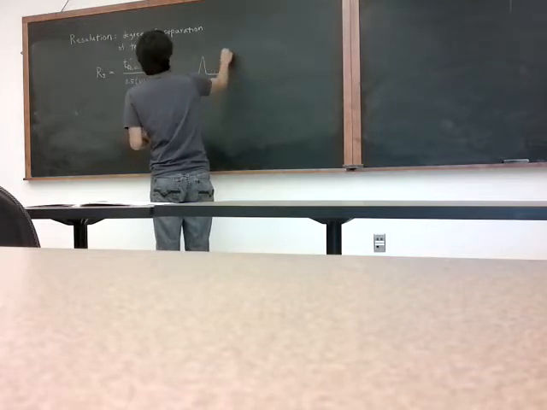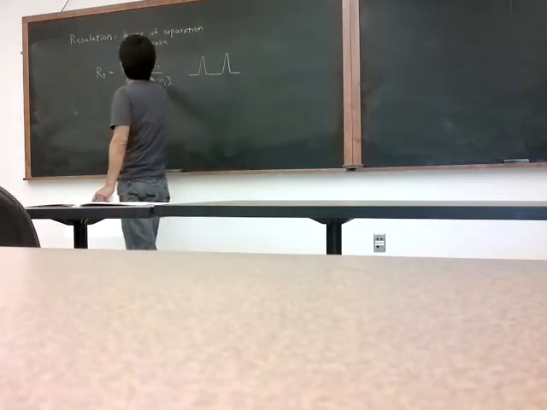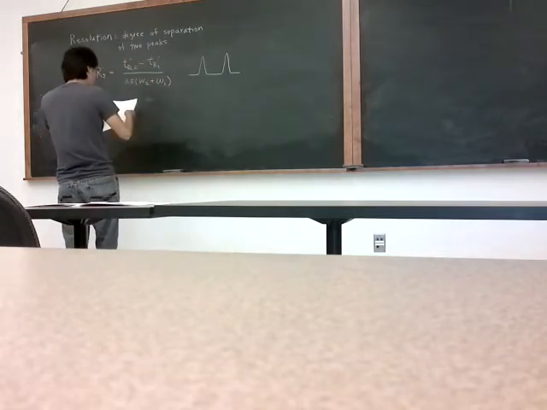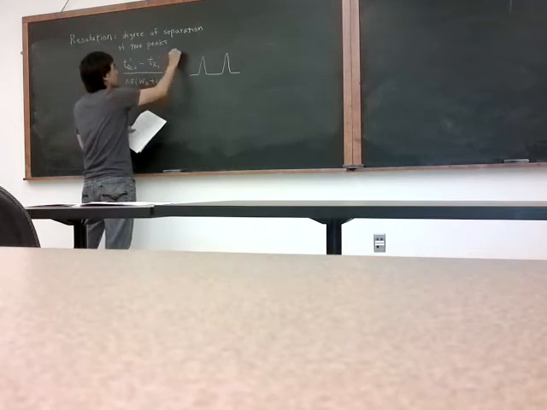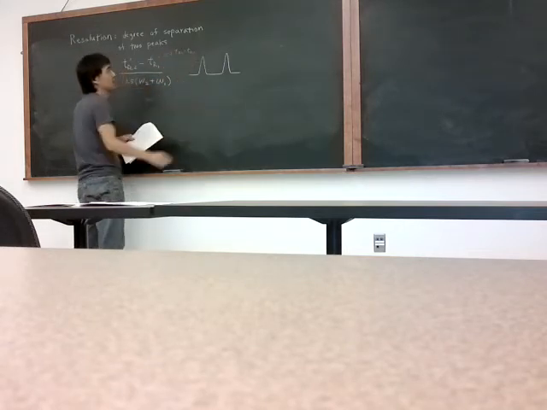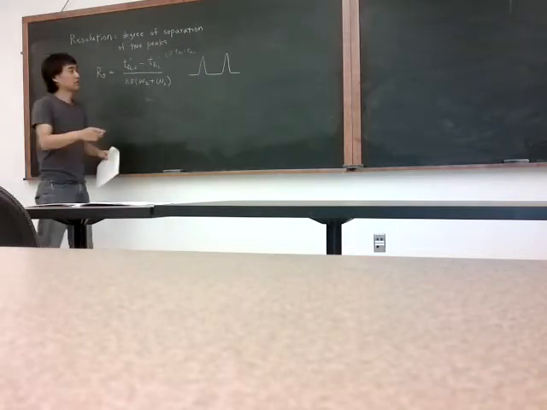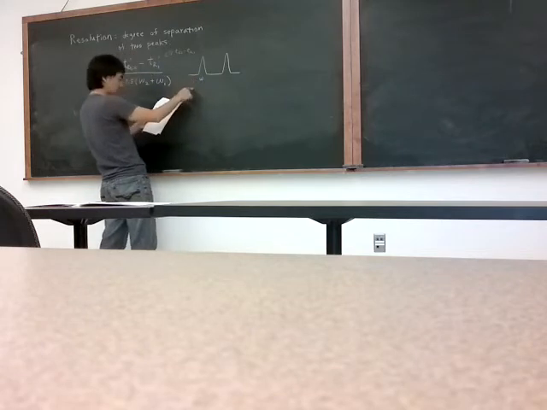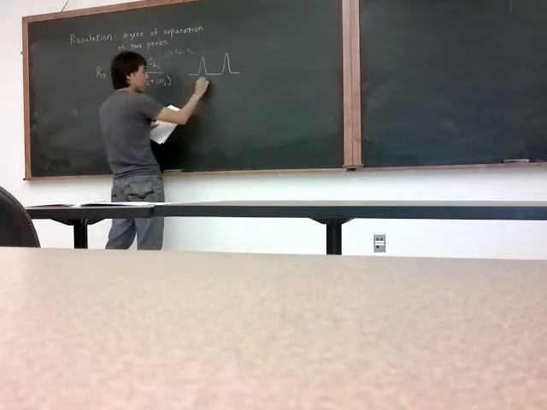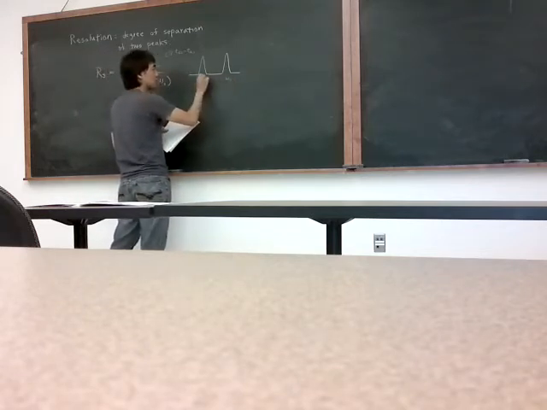By the way, keep that in mind. I put T prime and TR right here, but actually this could very well be the same thing as TR2 minus TR1. The reason is that you have the width of 1 and the width of 2.